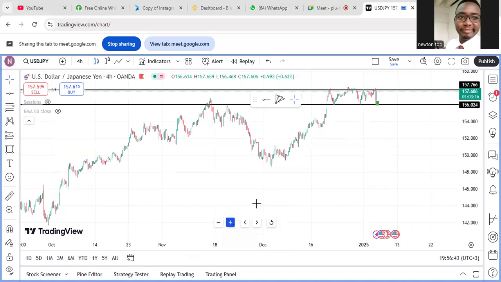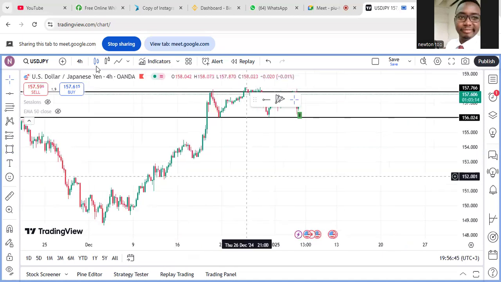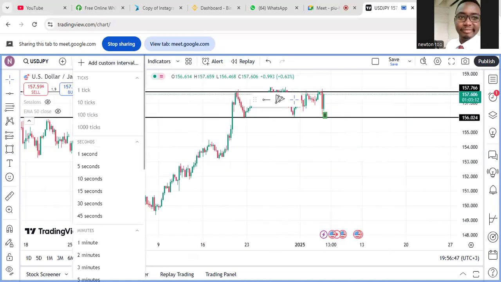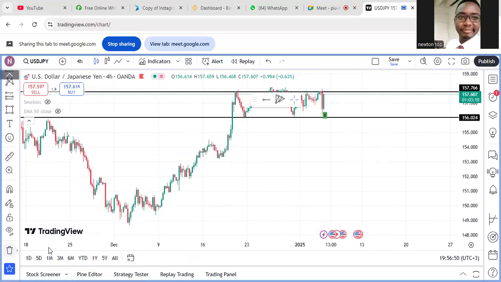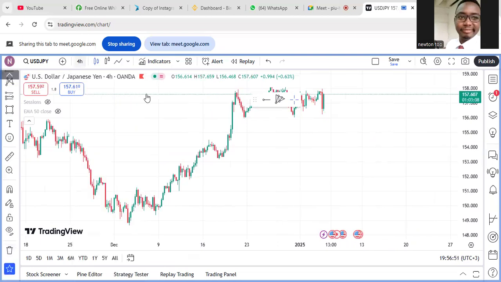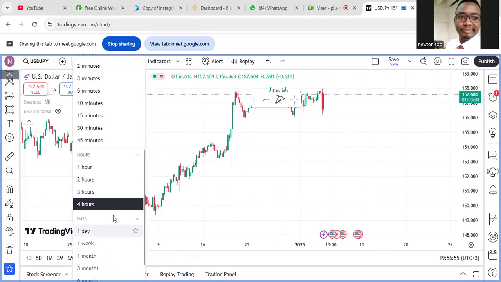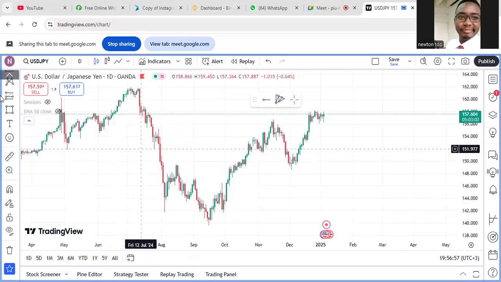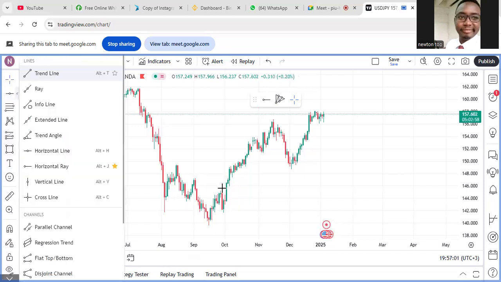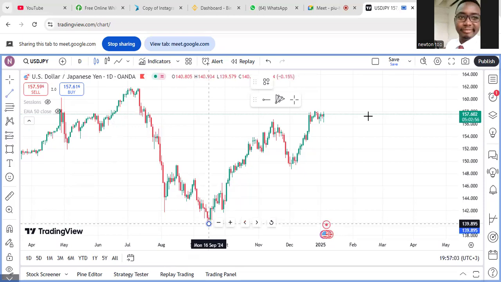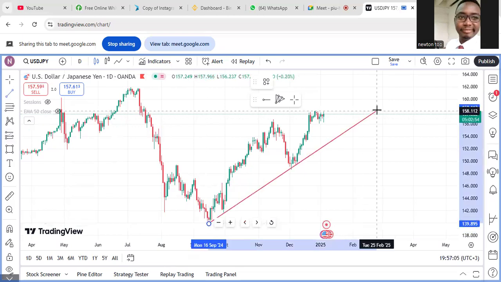Then maybe to analyze this market, we check the daily chart, a long-term view of this market. On a daily chart, we can see, maybe you can draw like this. Something like this.